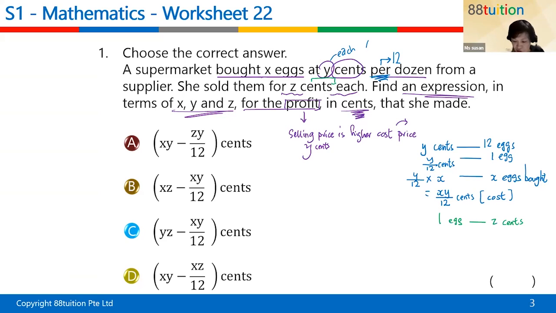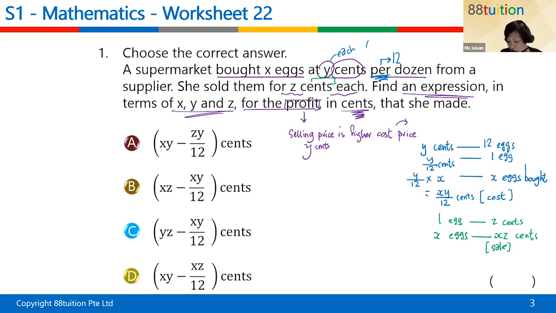Okay. So what he has bought here is the number X, right? So Z over 1 times X. So you get XZ cents. Okay, and at one look, you know that the one that he sold is XZ, which I'm going to call sell, because he makes a sale, right?